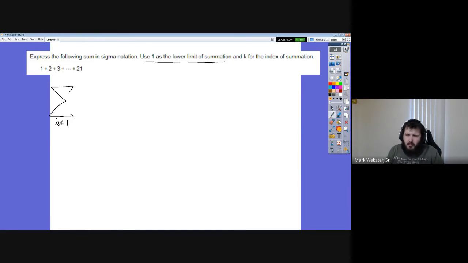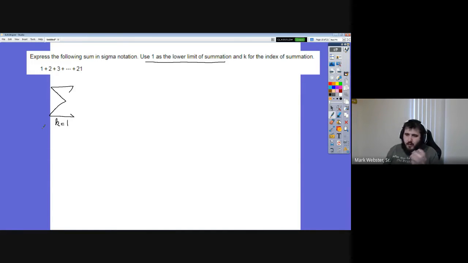The letter down here that you use, I see k, I see i, I see j all the time. Those are all fine. I sometimes see n, although that gets confusing because people use n for stuff in here too. They're usually going to give you a specific prompt, but on your own, you can use pretty much any letter, any variable for what's down here, as long as you keep all your variables different, you're not going to have as big of a problem.